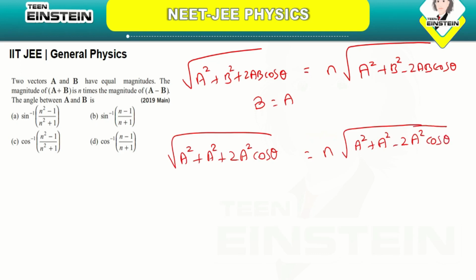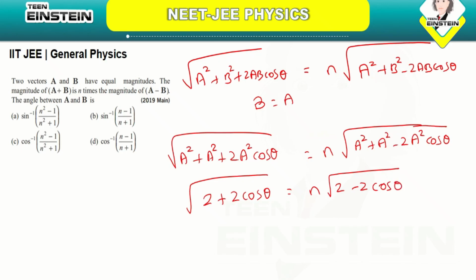Okay. So now you can solve this. When you try to solve this, you take a square as common, and this will become root of 2 plus 2 cos theta is equal to n into root of 2 minus 2 cos theta.